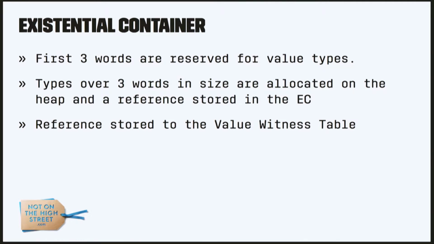Now, if you've got something that's over 3 words, you might have a struct, but you're going to end up creating that on the heap, because internally it can't store that struct on the stack because there's not enough space. So it'll create the memory on the heap, and then put the reference to the heap into the existential container.